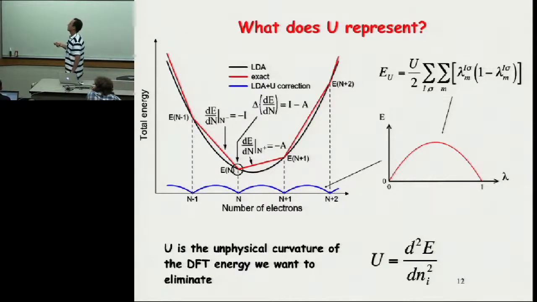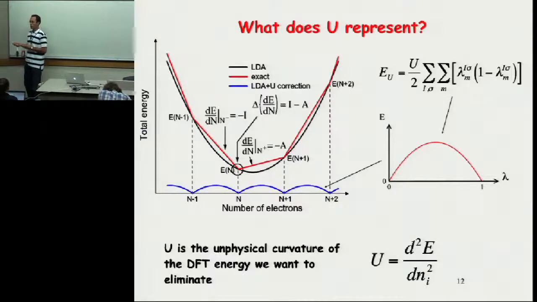So basically, this U parameter can be evaluated as the second derivative of the energy profile as a function of the atomic occupation. Okay, so in fact once we apply a correction of this kind, if U is the curvature of the DFT energy profile, you would get a piecewise straight behavior for the energy, which is exactly what we expect, especially in the case of an isolated atom in contact with a reservoir.